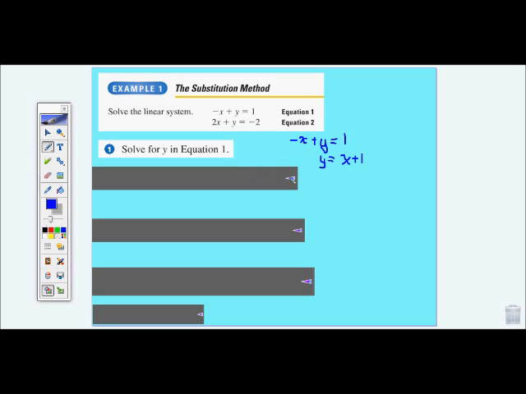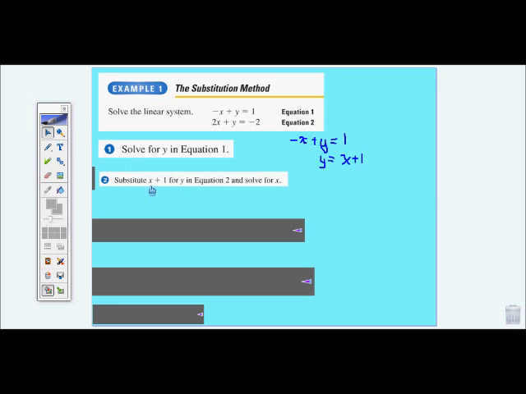All right, the next step is that we will substitute our solution for y, x plus 1, into the second equation. So what that means is I'm going to have 2x plus, and here is where I'm going to substitute.